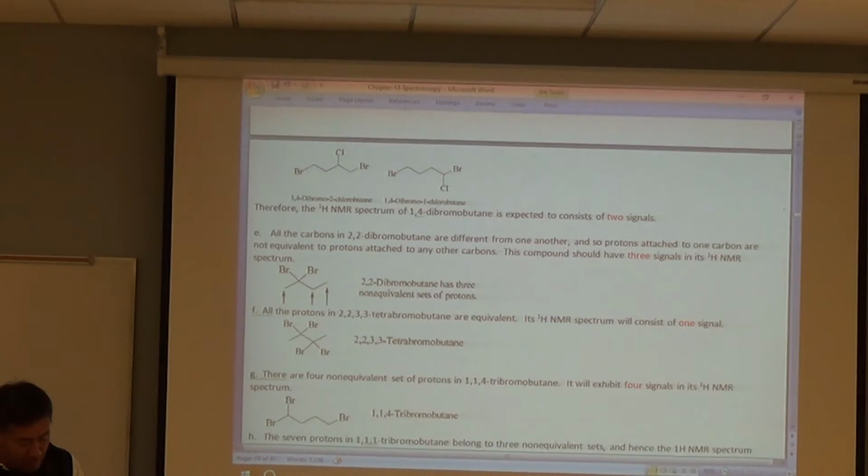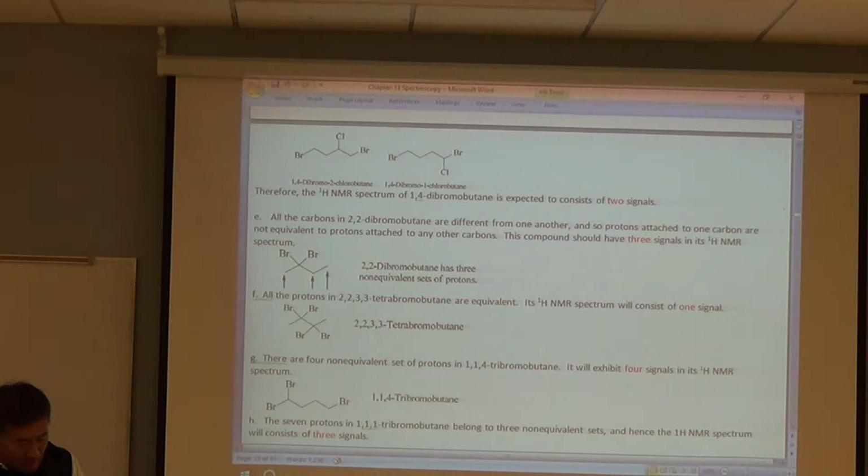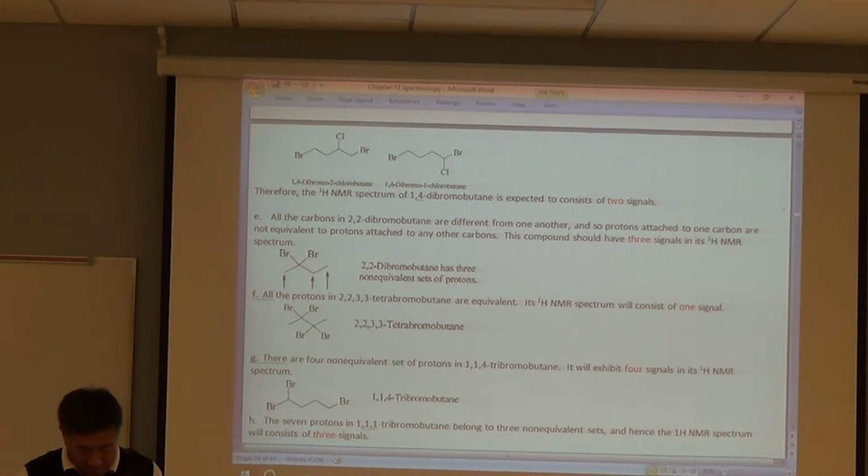Right. So now let's see this example. In this example, you see you have 2 H on that carbon. Now here, we should have 3H.